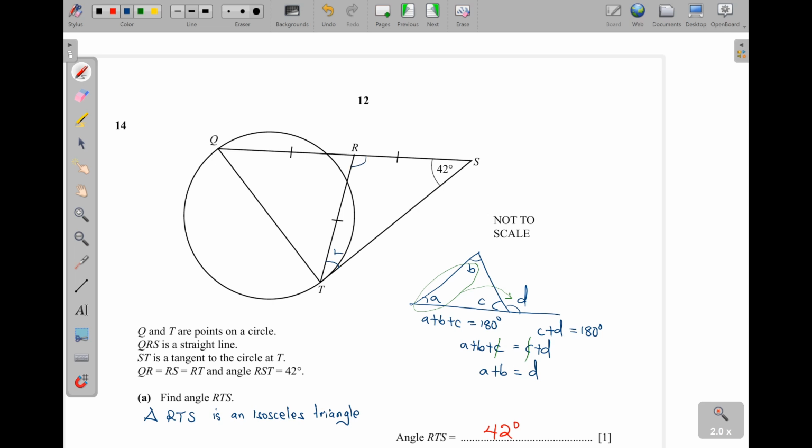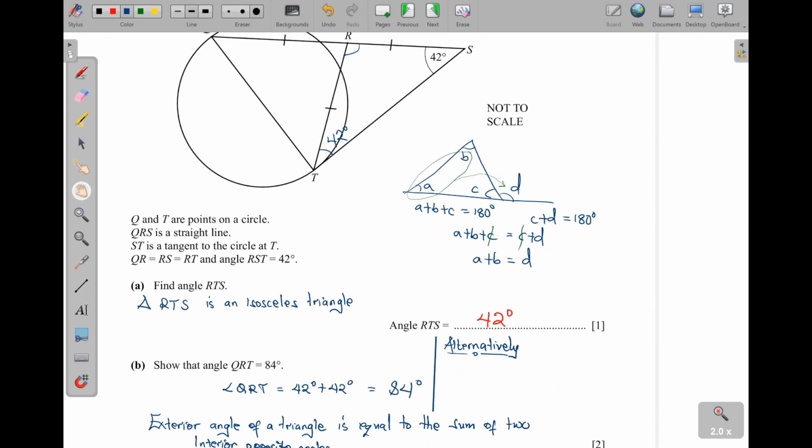So if this is 42, that means this other angle here, angle TRS, is equal to 180 minus 42 added to 42. So that is 180 minus 84, which gives you 96.